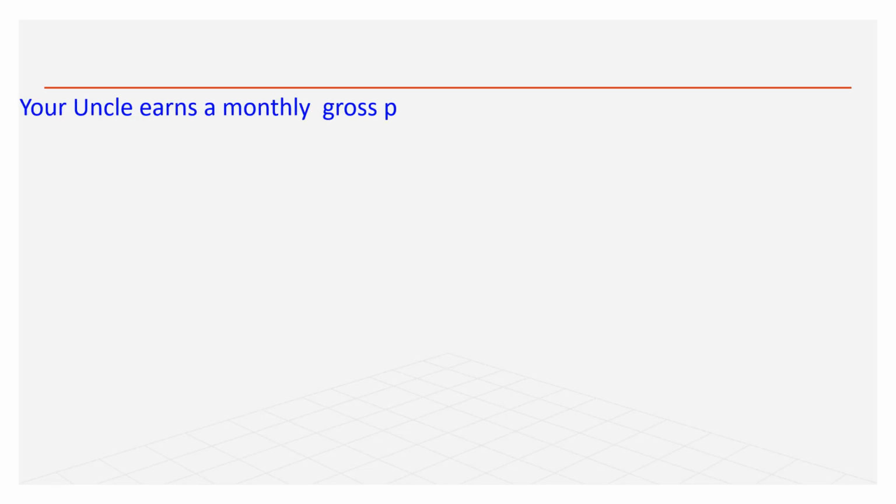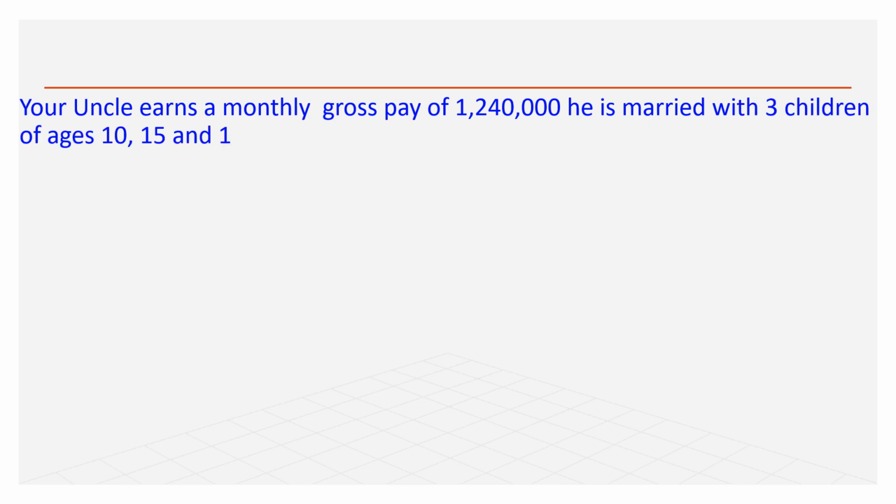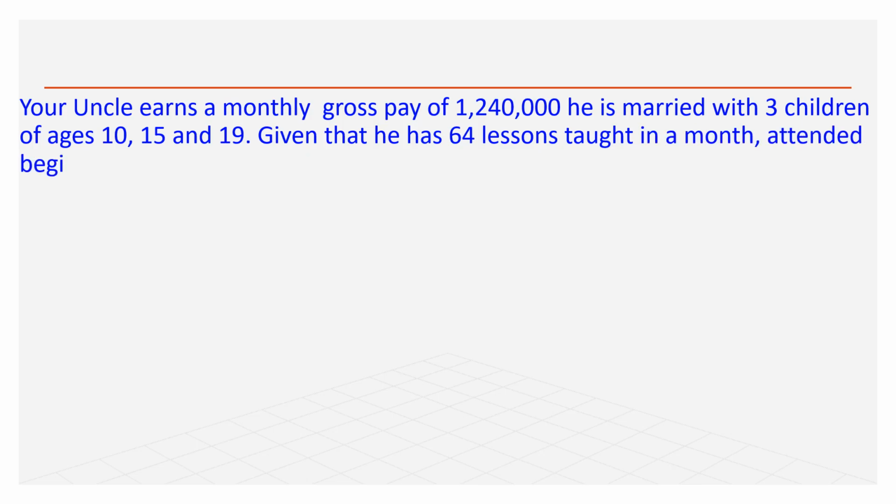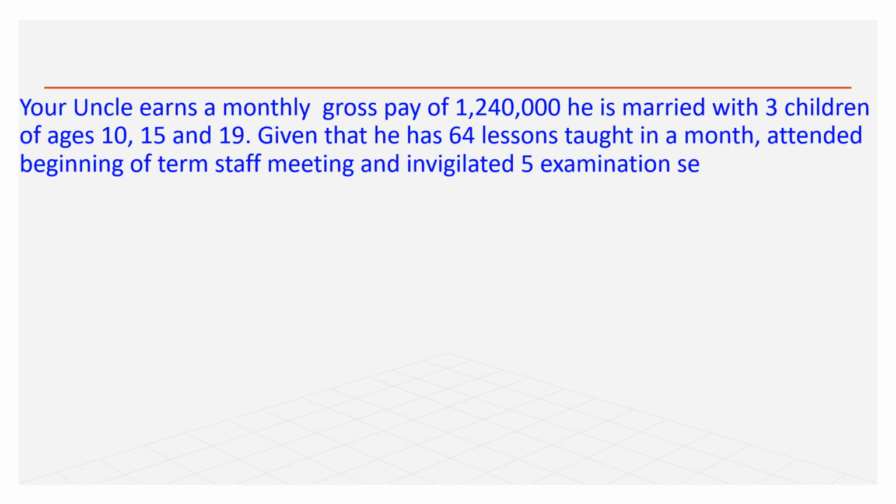Your uncle earns a monthly gross pay of shillings 1,240,000. He is married with 3 children of age 10, 15, and 19. Given that he has 64 lessons taught in a month, the lessons are charged separately. He attended a beginning of term staff meeting, of course for that very month, and invigilated 5 examination sessions.